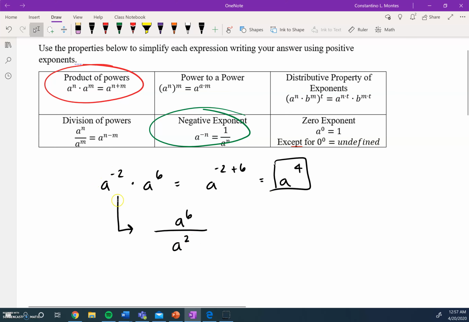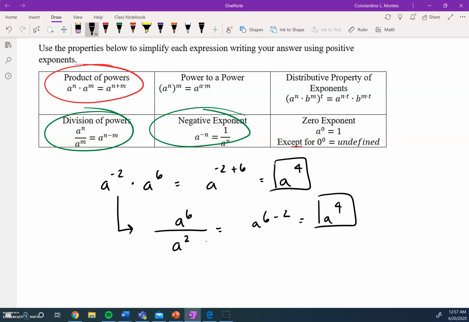When I moved it down to the denominator, it turned into a positive exponent. Then I can utilize my division of powers and rewrite this as a to the 6th minus 2, which is equal to a to the 4th. So two ways to get to the exact same spot.